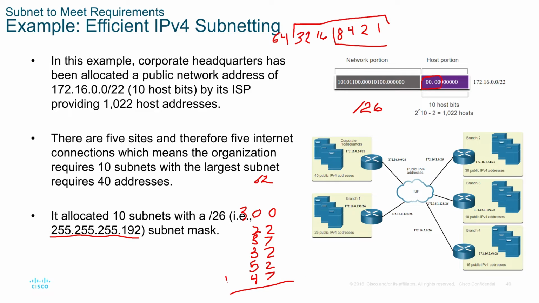As you can see, if we were to add this up, that's a lot of addresses that I have wasted. This is using a single mask, a /26. This is saying that one size fits all. And anyone who has gone to the shoe store knows that one size does not fit all.